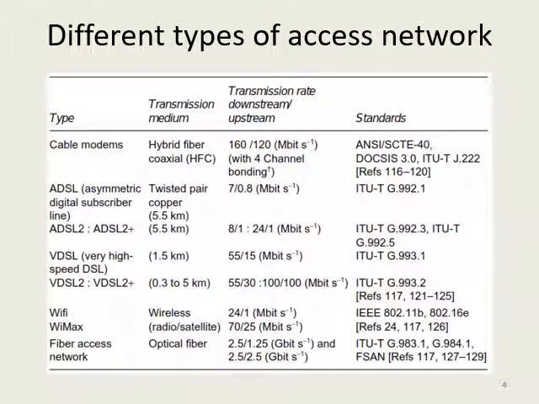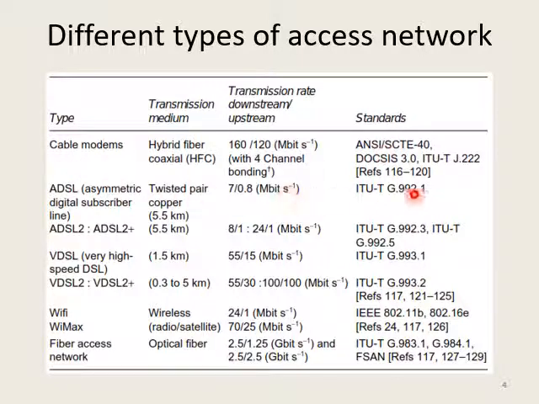The different technologies or connection settings I just mentioned, from the local exchange to any user, we can discuss in terms of different types of access network and how it can happen with the help of HFC, DSL, optical fiber or WiMAX, and their particular upstream or downstream speed, and which standard they belong to.